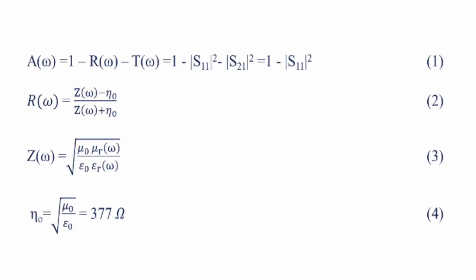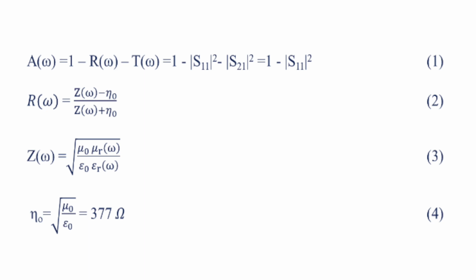That can be represented in terms of scattering parameters. S11 square is representing the reflection property, S12 is representing the transmission property.